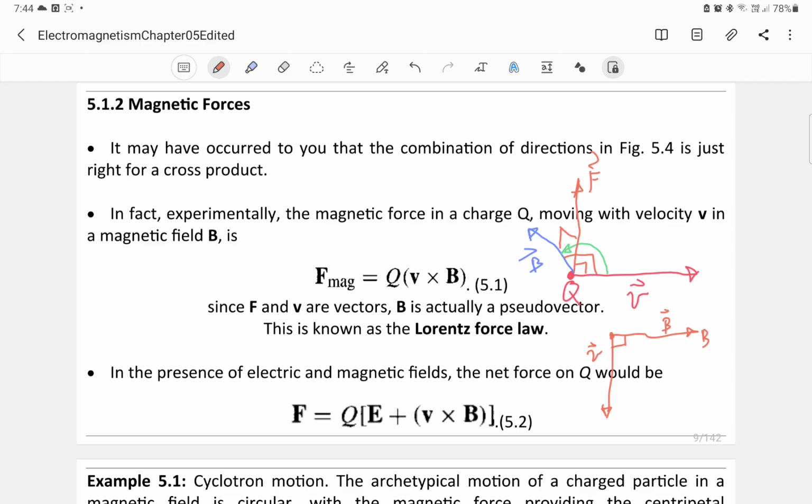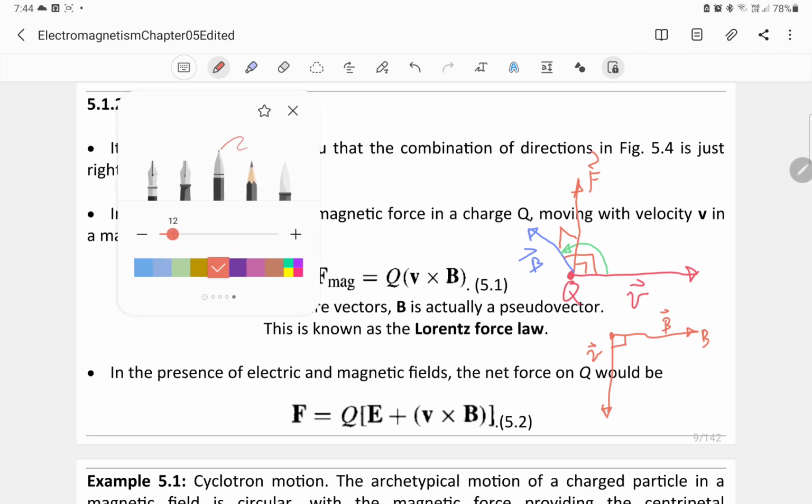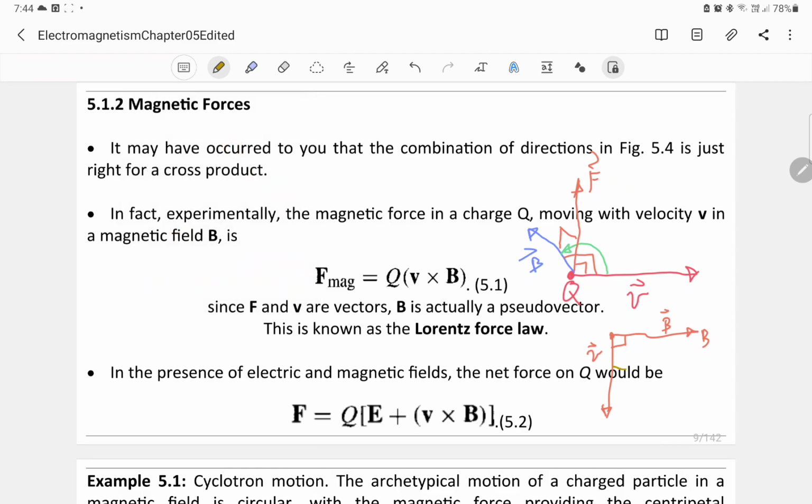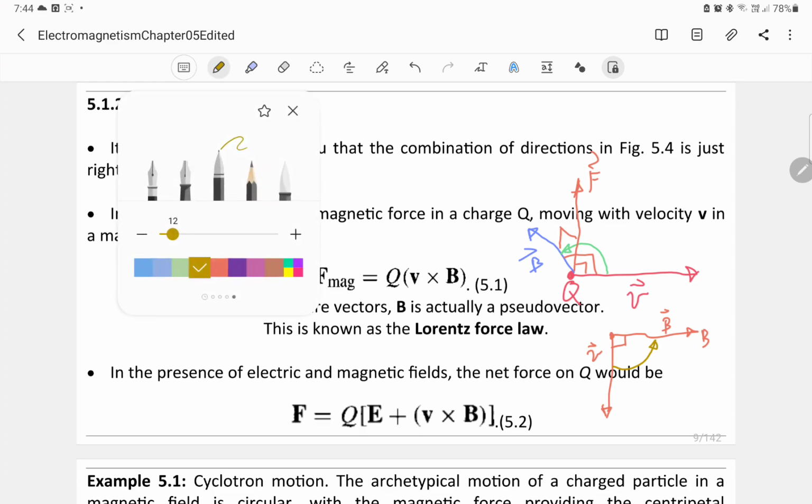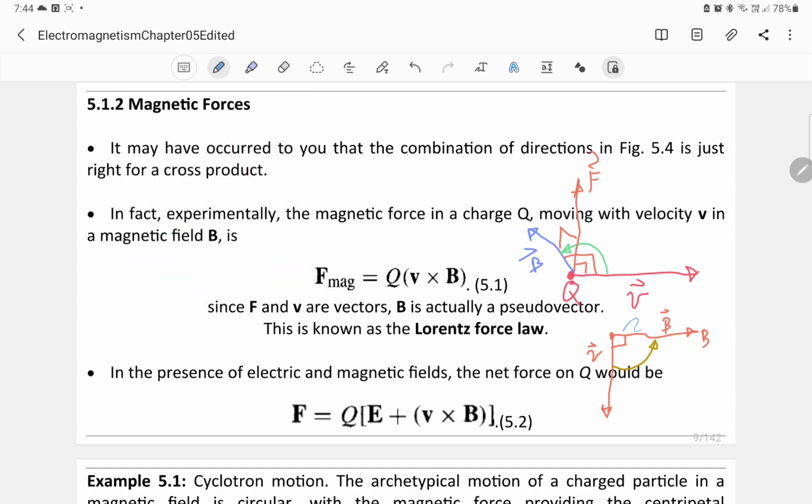So here we cross V to B, and so our direction of the magnetic field would be pointing out of the page. Try it with your right hand, pointing out of the page.